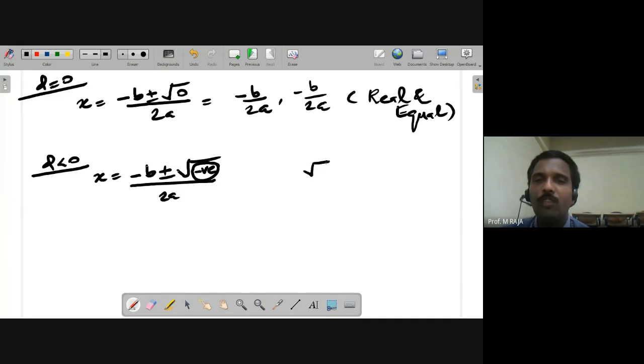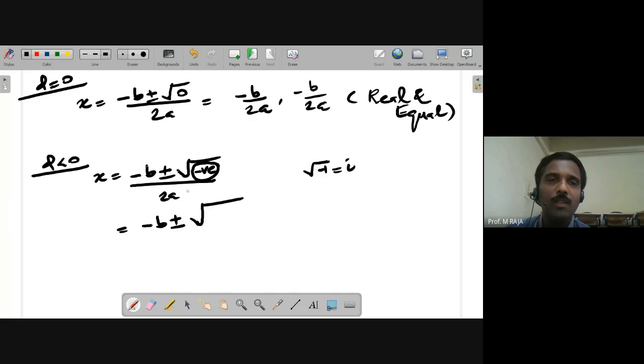Since square root of minus 1 is equal to i, we can write the negative quantity as a positive quantity times minus 1, so that this forms the imaginary root.